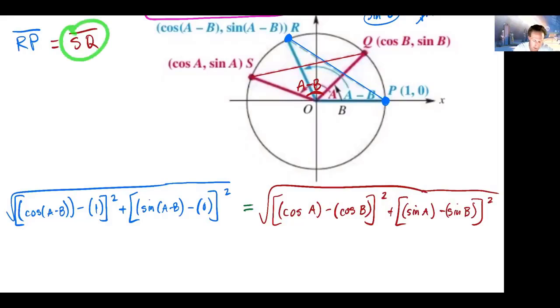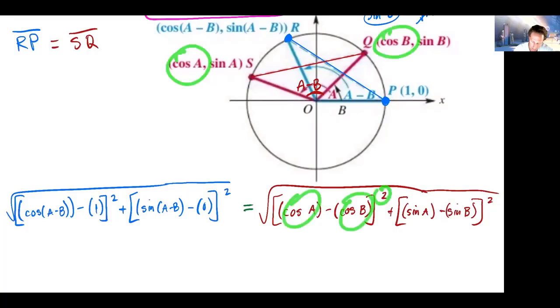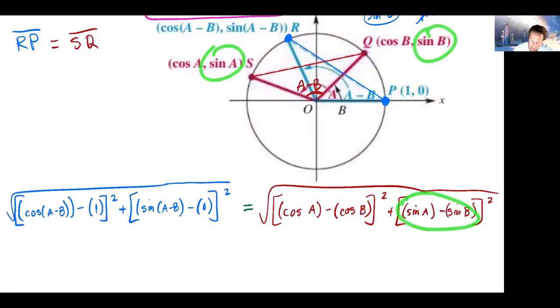Then taking the S and Q points, which had that same angle A minus B as the blue one did, we'll take the x2 minus the x1, that whole thing squared, and then plus the difference in my y values, which was sine A minus sine B squared.